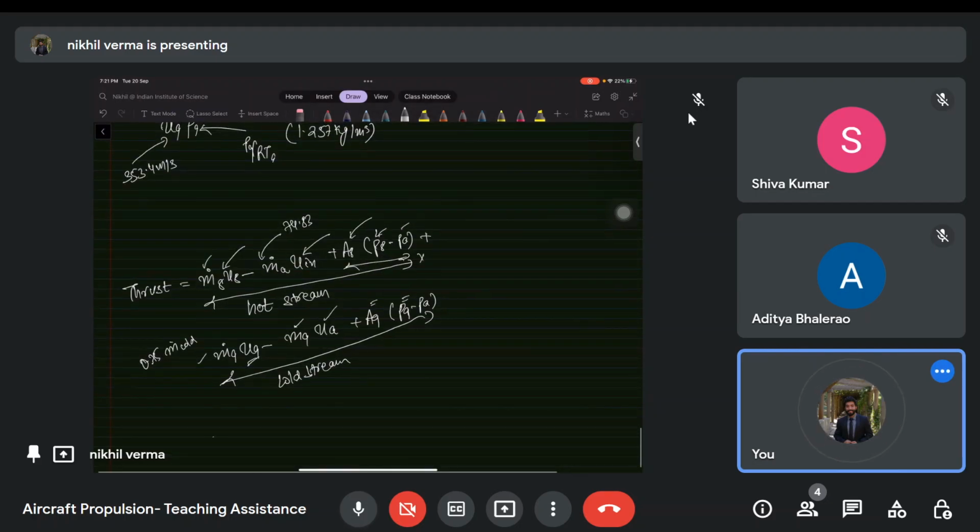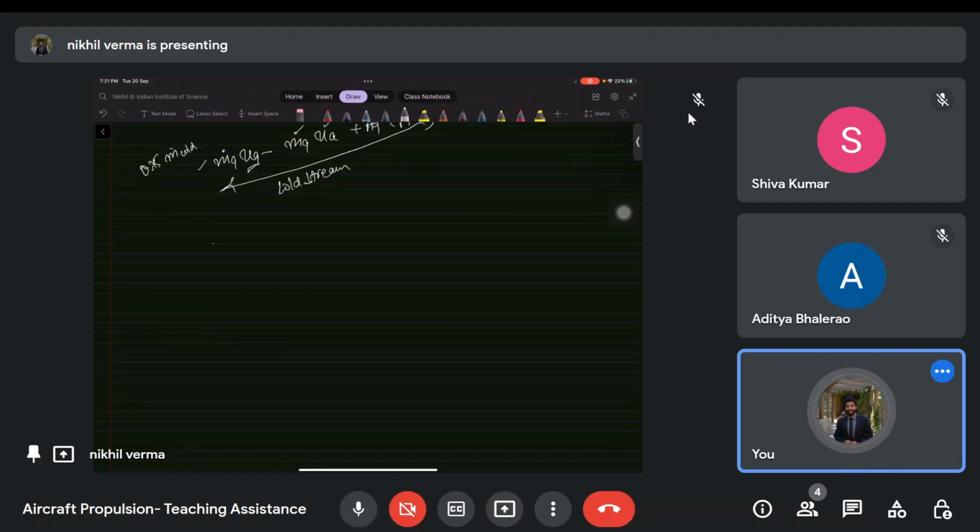If you substitute all those parameters, you will get thrust as 53,300 newtons of thrust.